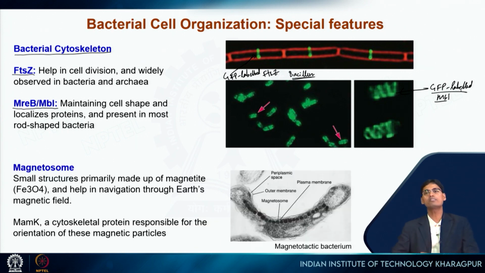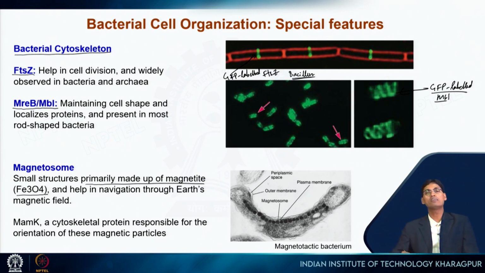Another interesting special feature in bacteria is that some bacteria have a small structure primarily made up of magnetite, as you can see here, and it helps in navigation through the Earth's magnetic field.